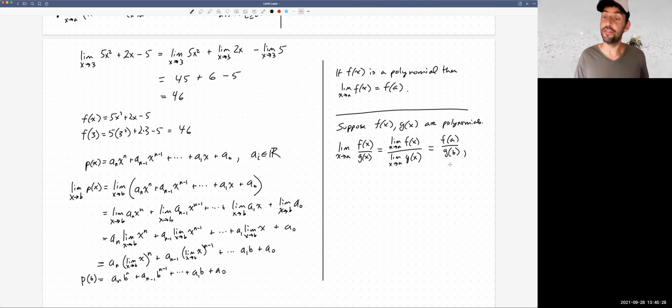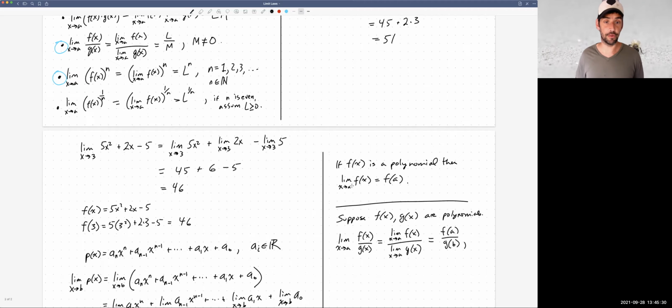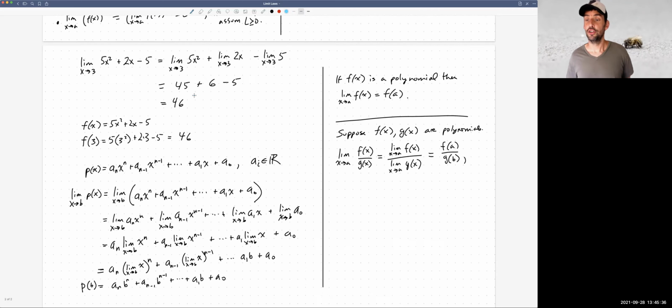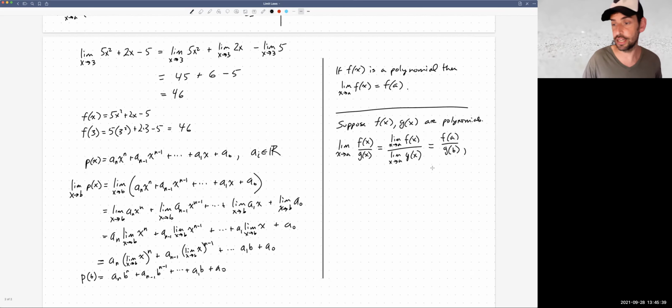All right. With the small caveat, remember from that rule, we need to know that the limit in the denominator is not 0. So this holds as long as g of b is not equal to 0.